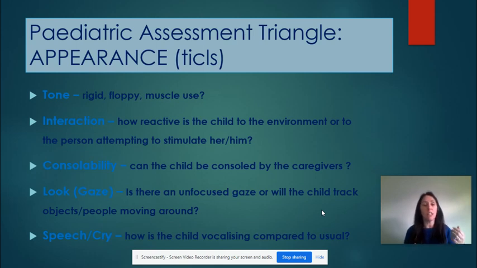So moving on, TICLS. L is look. Sometimes we say gaze. So gaze and look is basically to do with what age the child is. If it's a young child, they might not be looking at you properly. So with look and gaze, if you're moving around the room, or if there's a parent moving around the room, if Teddy's moving around the room, does the child follow with their eyes?